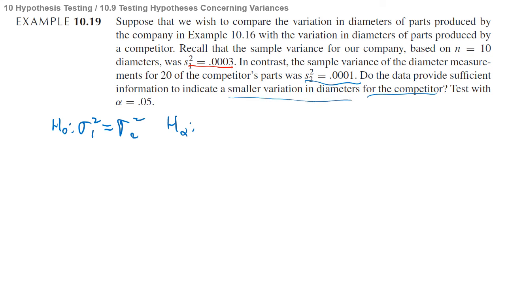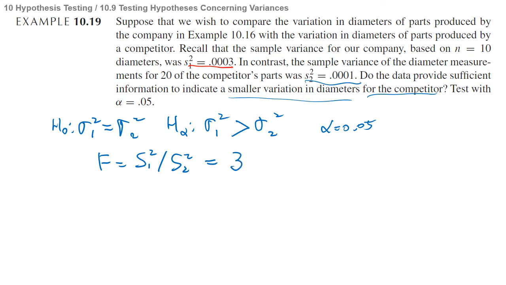So our variance is greater than the competitor's variance, and the alpha level is 0.05. The test statistic F is S1 squared divided by S2 squared, and if you calculate it, it's 0.003 divided by 0.001, which is 3.